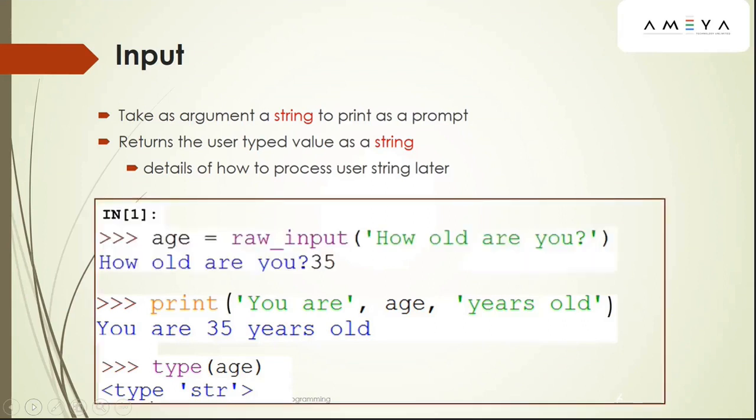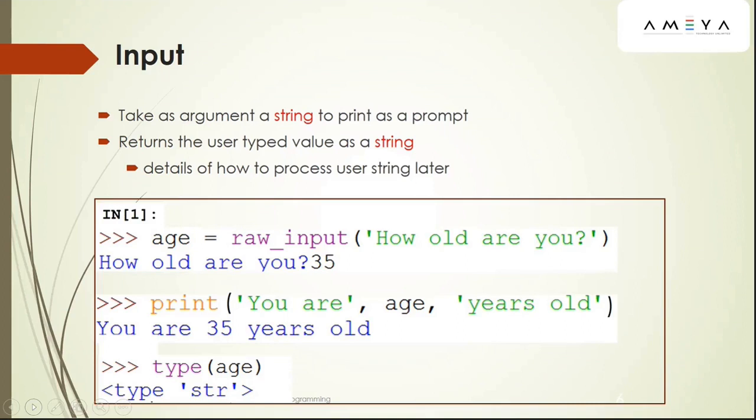Here there is an example. Here age is a variable name. Suppose I'm using the Python 2 version, I'm using the keyword raw_input. In parentheses, I'm giving the statement, how old are you? In Python, the question asks, how old are you? I'm giving 35. Now I'm going to print this statement with concatenation. Concatenation is nothing but joining a string as well as a variable name.